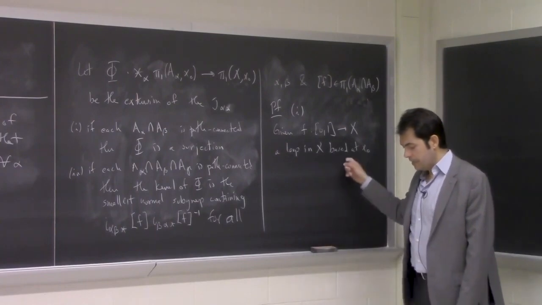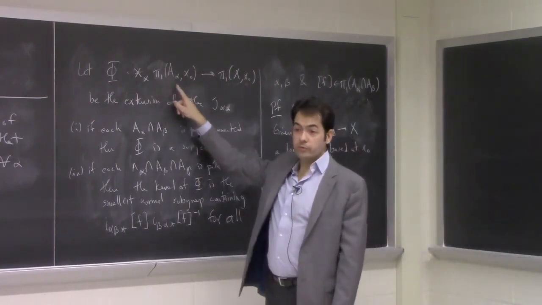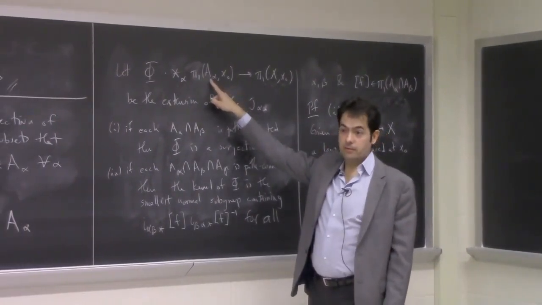I want to write this as a bunch of loops, each one inside a single A alpha, right?